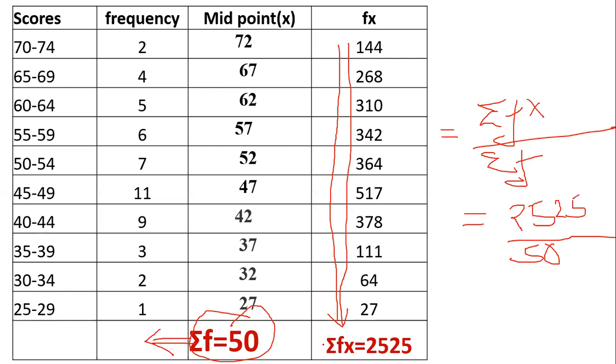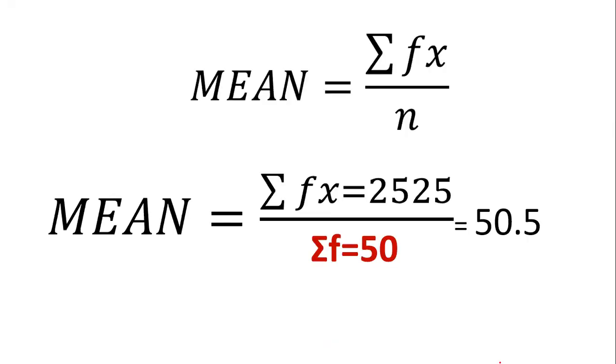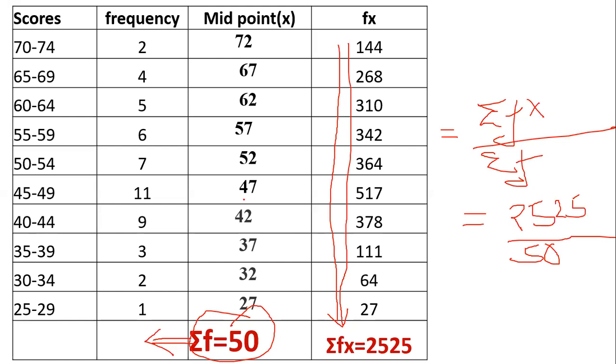We got the mean as 50.5, and you subtract 50.5 from every value and you sum all the answers. The answer will be 0.